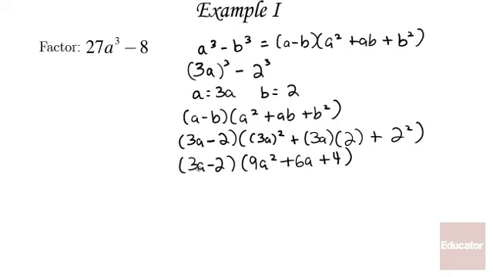Okay, and just one important thing is just to watch the signs, you know, working with the difference of two cubes or the sum of two cubes, and then figure out what your a and b values are by finding the cube root of these terms, and then just substituting in a and b into this formula to get the factorization.